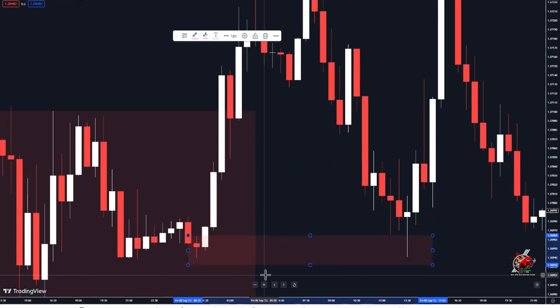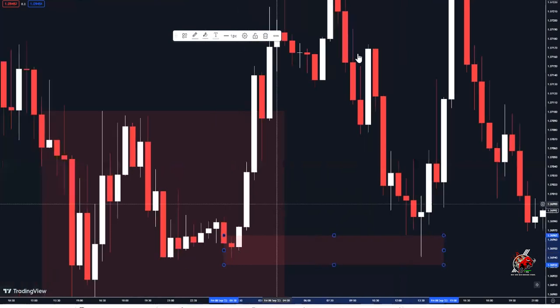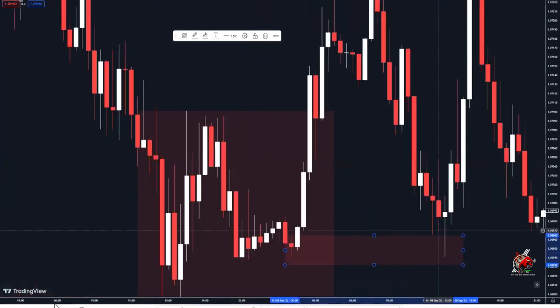Because sometimes the market comes all the way down near the wick of that candlestick, which on brokers will take you out due to spread, right? And then we can see that the market came all the way down to fill in price.